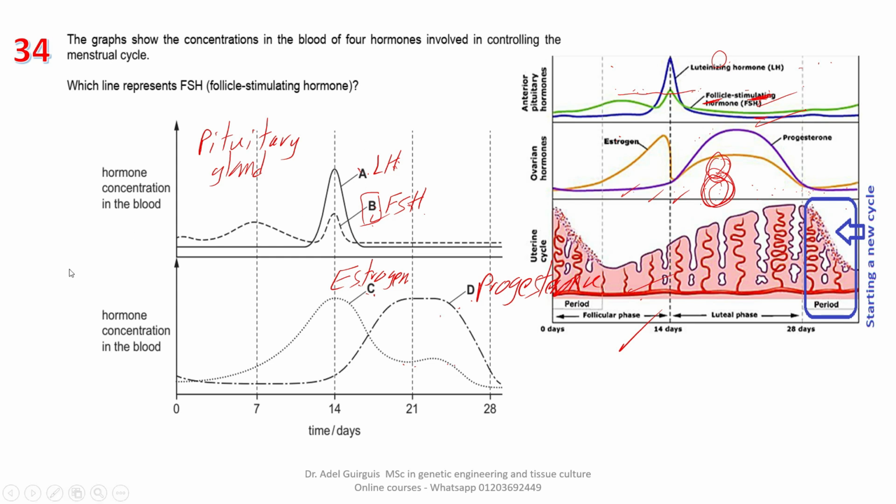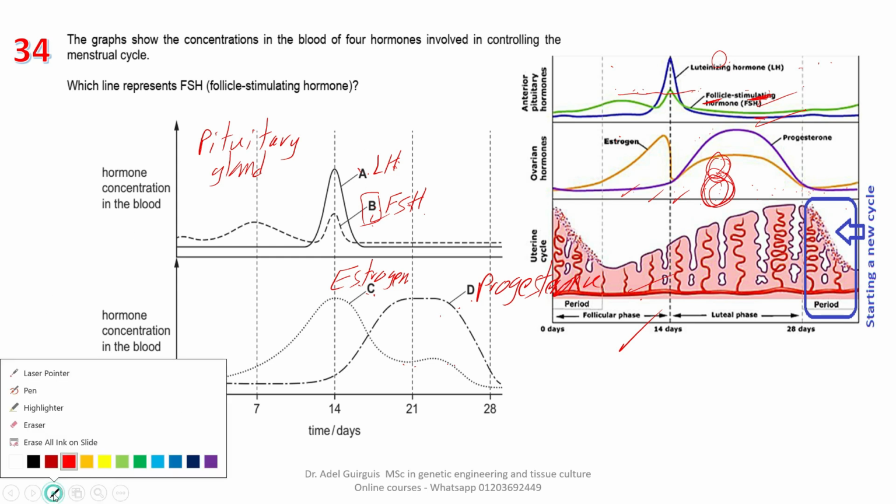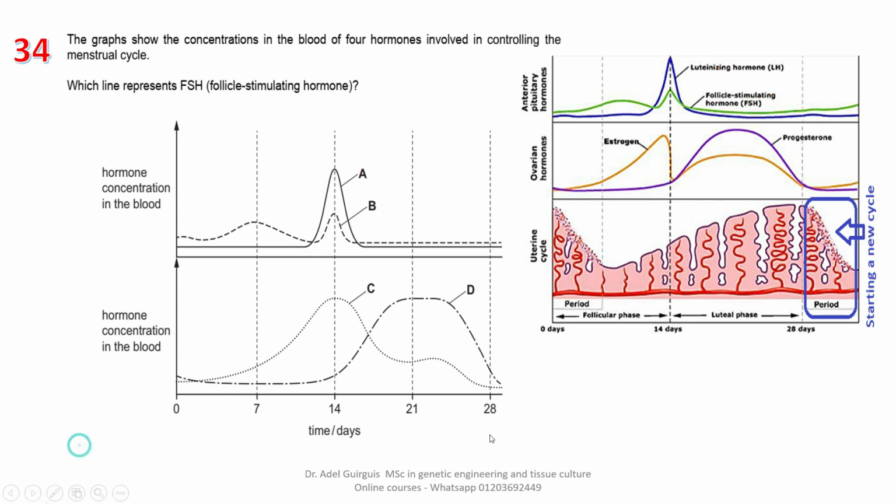Look here at this figure. Hormones of the pituitary gland, FSH, first peak, second peak for LH above the level of FSH. Here at day 14 mid-cycle, where ovulation takes place, and progesterone here with purple color, increasing thickness of the endometrium, lining of what?